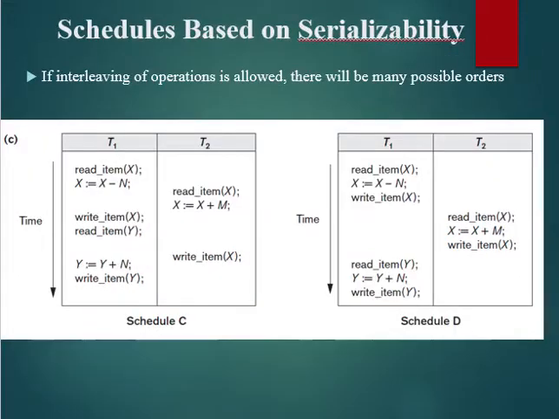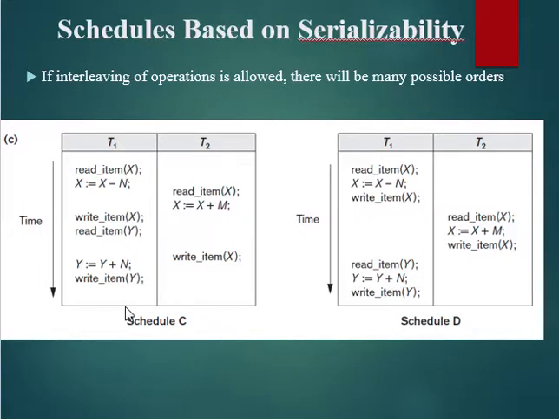The other two schedules, schedule C and schedule D, follow an interleaved fashion. If interleaving of operations is allowed, there will be many possible orders. Suppose there are two transactions T1 and T2; for serial schedules you have only two cases, schedule A and schedule B: T1 after T2, or T2 after T1.